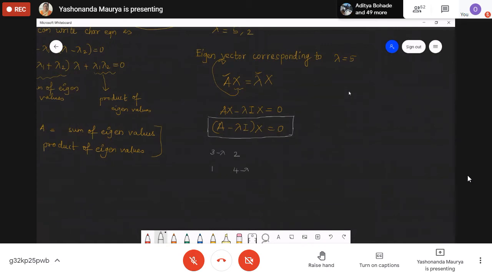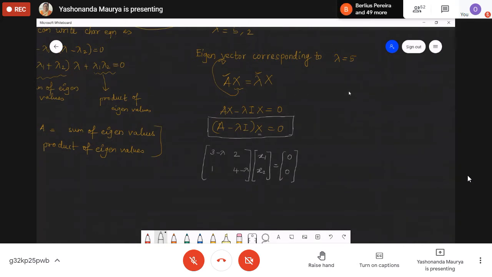This is my A minus lambda I matrix, times the vector x, the eigenvector that we are trying to find. The 0 stands for the 0 vector. Is this clear?